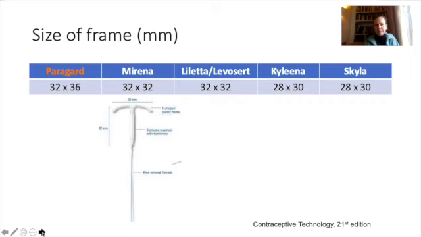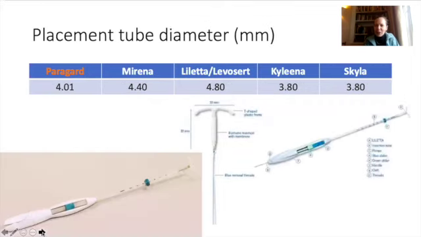Next slide. The placement tube diameter, you might think would also be a place where these products would differ. Again, the differences are a matter of millimeters, and in my own experience, I would say not a clinically relevant difference. Paragard placement tube is 4.01 millimeters. Mirena is 4.40, a little bit bigger.